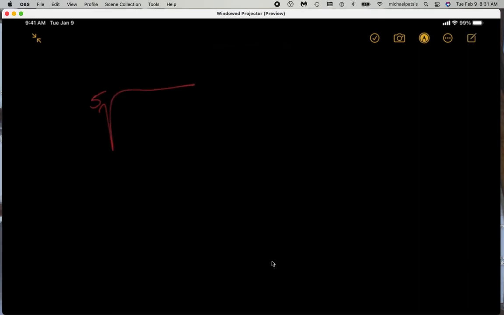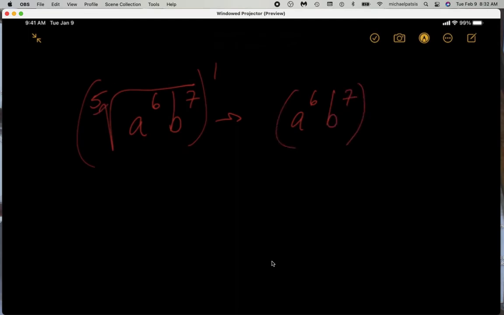Again, radical sign first, then the root. It's just easier. Convert that to a fractional exponent. We know that this whole thing has a 1. This is your root. Roots go in the denominator.